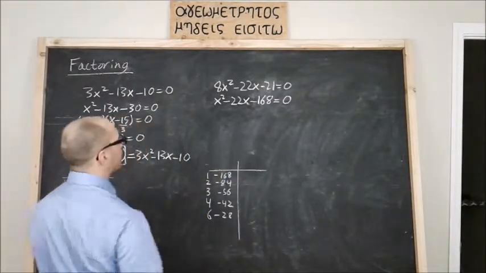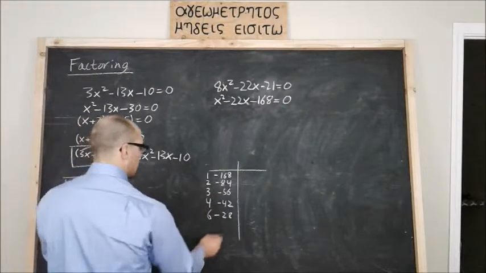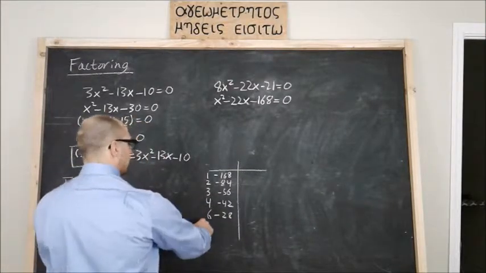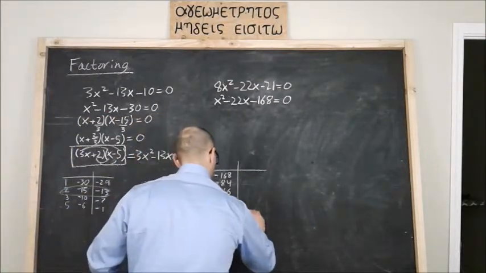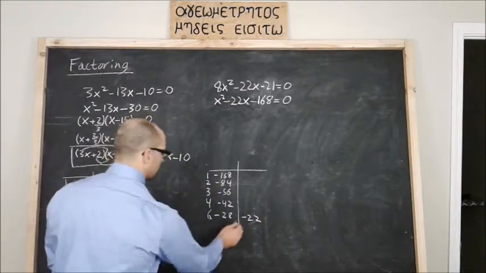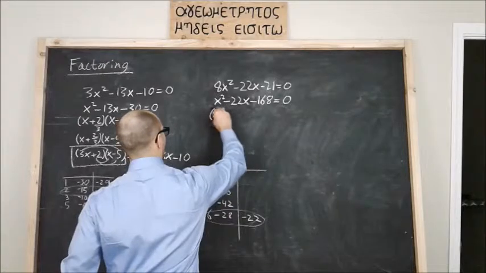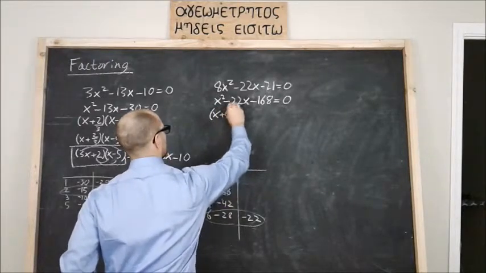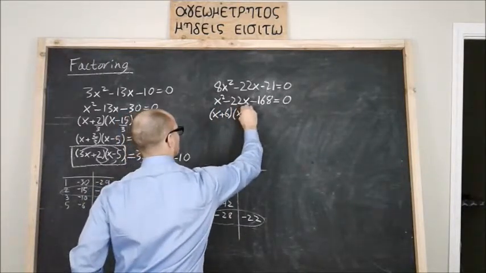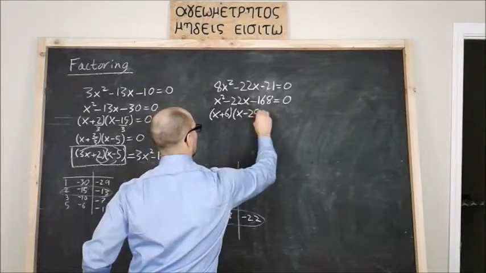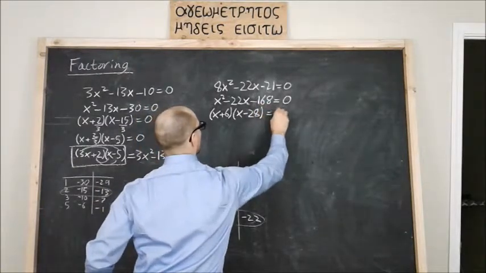I could keep going, but this is taxing my mental math, and I see that 6 minus 28 is negative 22. That's what I'm looking for. So these are my factors: x plus 6 and x minus 28 equal to 0.